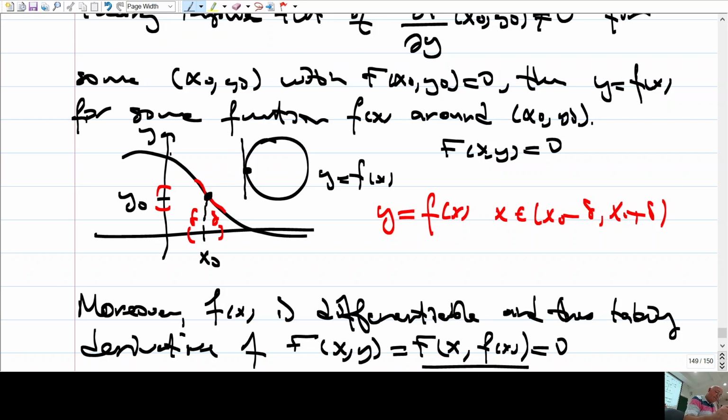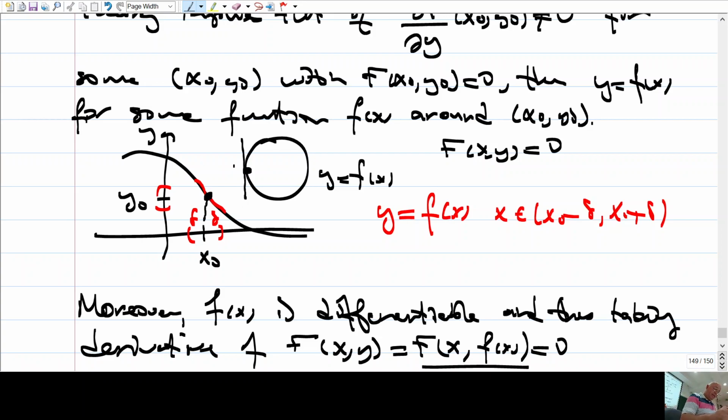If I just see this upside down as if this is the y-axis, the tangent line would be parallel. Therefore, the derivative with respect to y is 0 in this case. If it is 0, then this theory doesn't guarantee that you can solve the equation for y.